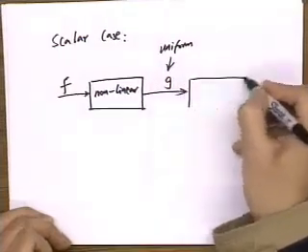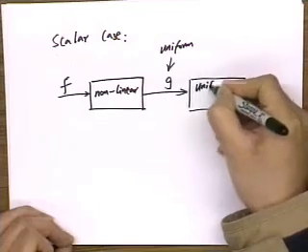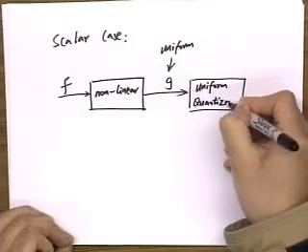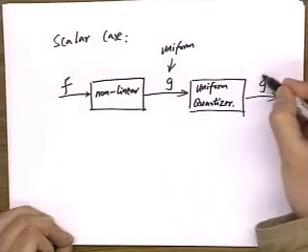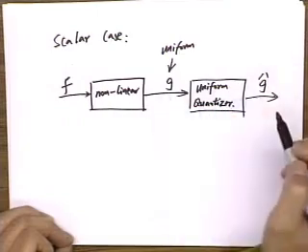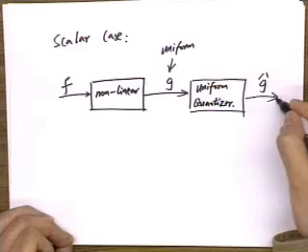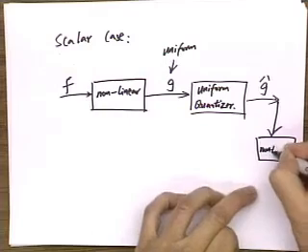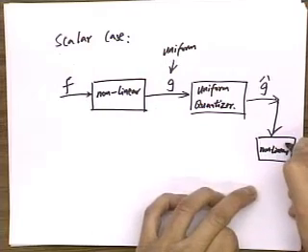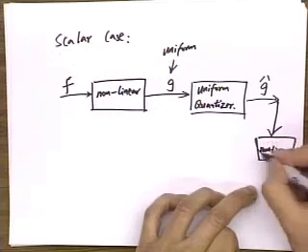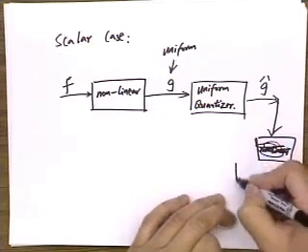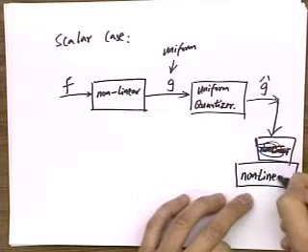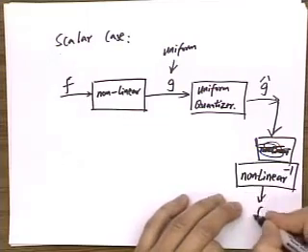Then we can simply apply the uniform quantizer to g and get g hat. We know that this is optimal for g. After we get g hat, we apply the inverse of the original transform function, and we get f hat.